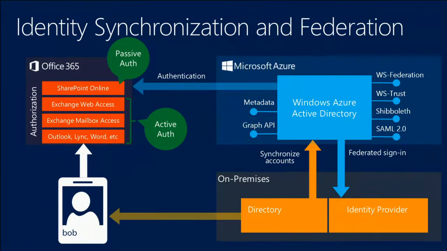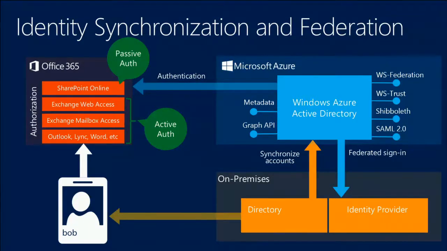Now, the sign-in on these different services is currently done in a couple of different ways, and we have a mechanism for authentication or testing a user's password called passive auth. And we say it's passive auth because the application, Outlook Web Access is a good example, doesn't have to do very much.